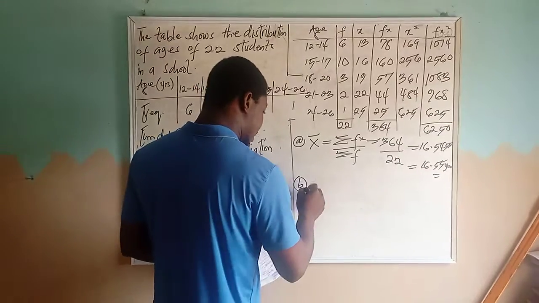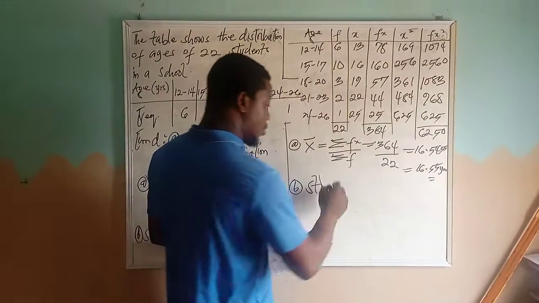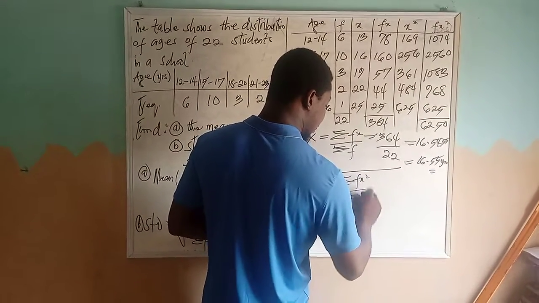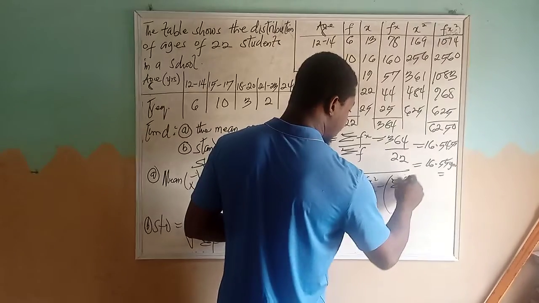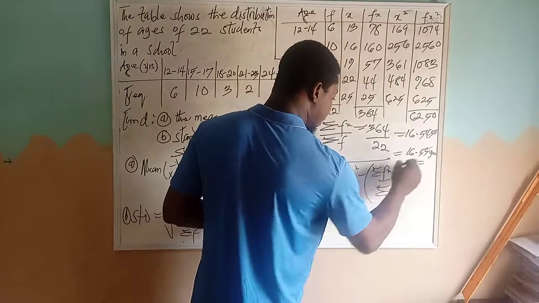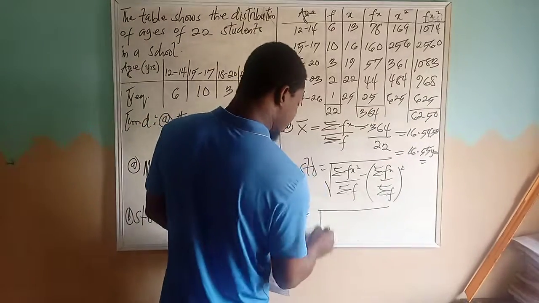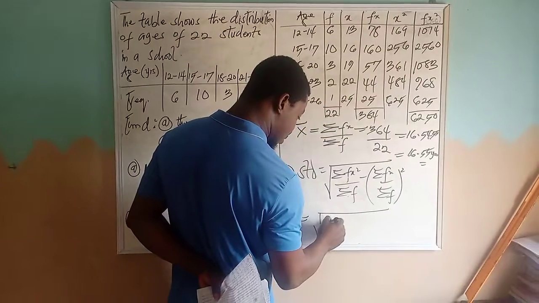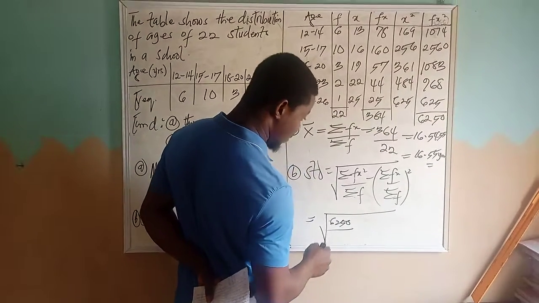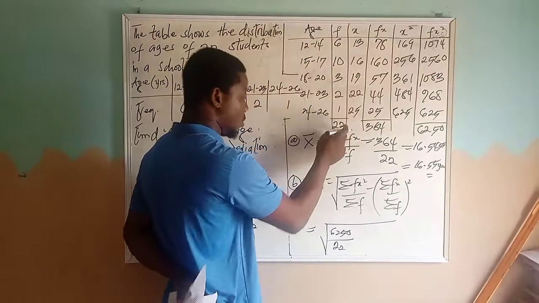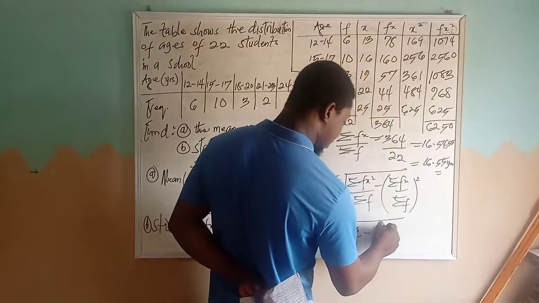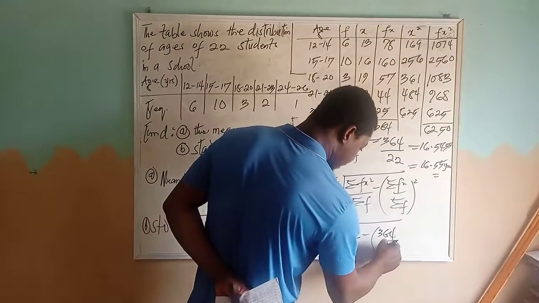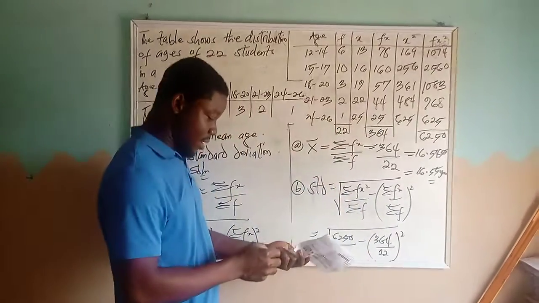And then secondly, we have our standard deviation, STD, equal to, maybe the formula, square root of summation fx squared over summation f minus open bracket summation fx over summation f, all squared. So this gives us the square root of summation fx squared, look at your fx squared here, the summation is 6250 divided by summation f, which is 22, minus open bracket summation fx, which is 364. You can see it from the table here, and then all over summation f, which is 22. Then you square everything here.